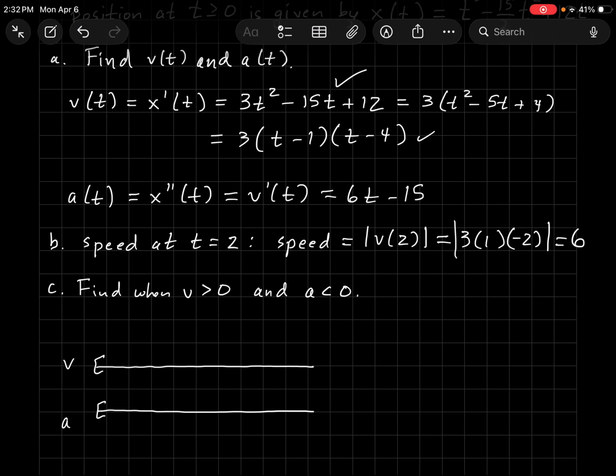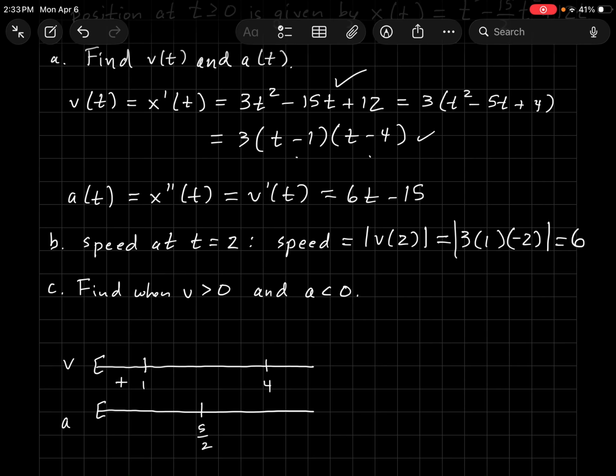I will now put the zeros of my velocity, 1 and 4, and then I'll put the 0 of acceleration, which is 15 over 6, or if I divide everything by 3, 5 over 2. Now let's do some sign charts. I'm going to plug in t equals, say, a half into velocity. I get negative times negative. This gives me positive.